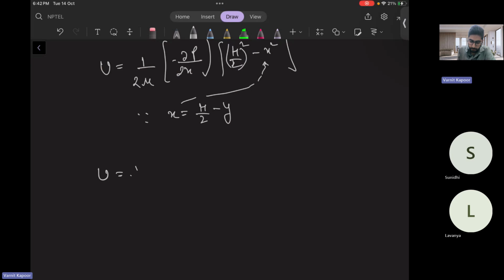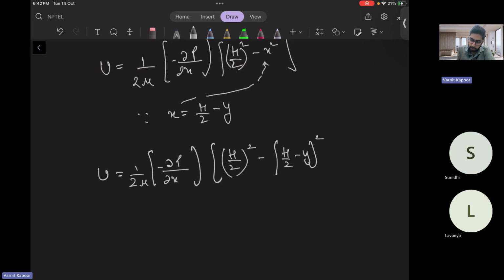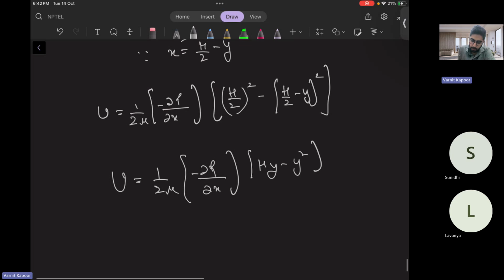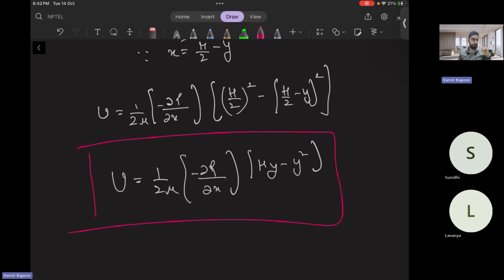So u will be 1 by 2 mu into minus dou p by dou x into h by 2 whole square minus h by 2 minus y whole square. So from here, your final relation will come out to be, on solving, minus dou p by dou x into hy minus y square.